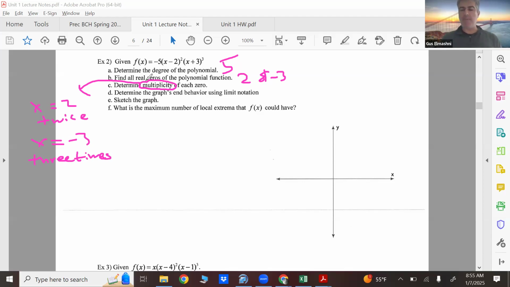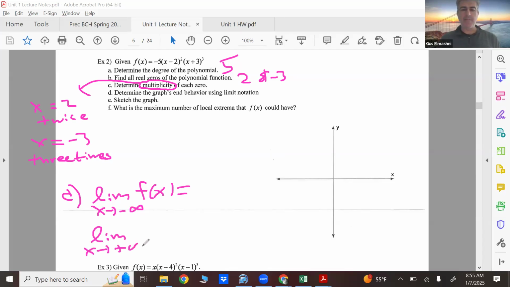Part D, determine the graph's end behavior using limit notation. Okay, let me do part D over here. You're gonna write like this. You really want to get a habit, and you can't get lazy about it. You really have to embrace this way of writing it. Okay. What's my leading coefficient, by the way?